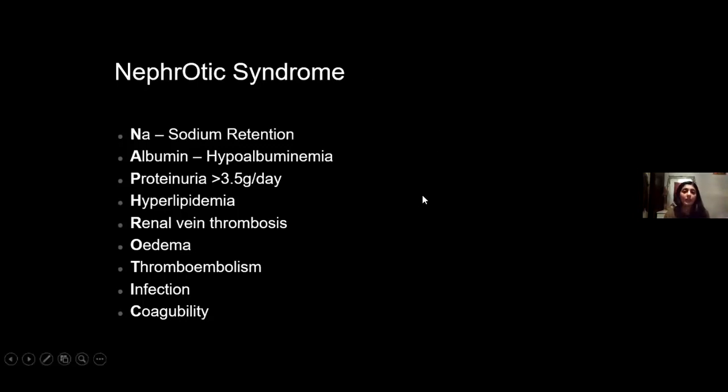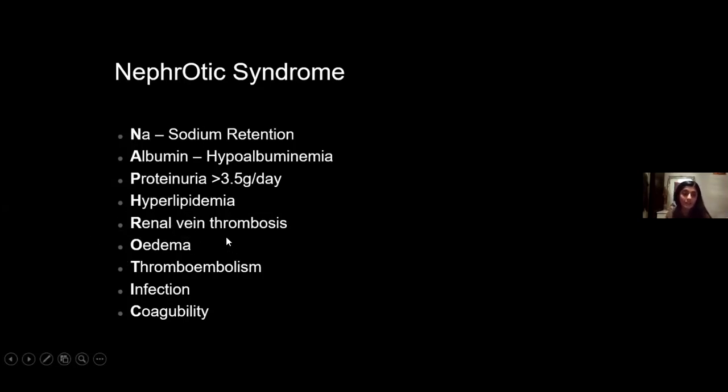So what do we see? We've spoken a little bit about the clinical picture, but here's a nice little mnemonic that spells out nephrotic. It is sodium retention, our Na, albumin leading to hypoalbuminemia, proteinuria of more than 3.5 grams a day, hyperlipidemia, renal vein thrombosis, edema due to the lack of oncotic pressure that we have.